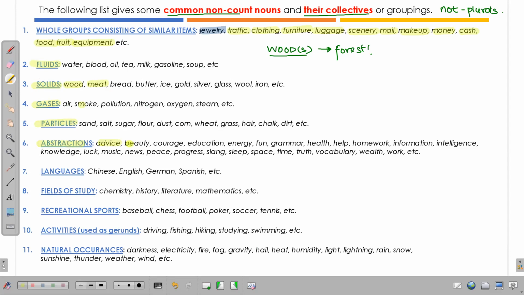Abstractions like advice, beauty, courage, education, energy, fun, grammar, health, help, homework, information, intelligence, knowledge, luck, music, news, peace, progress, slang, sleep, space, time, truth, vocabulary, wealth, work. Again, please understand, you would have heard them with an S, but the sense would have been different.